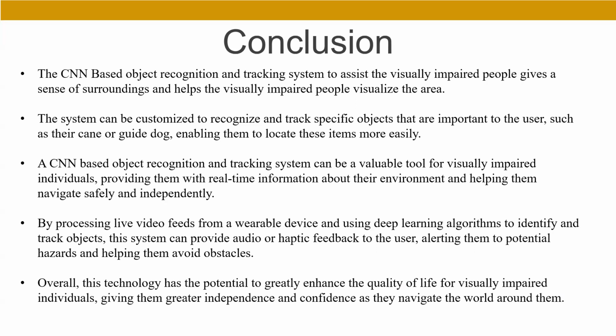Overall, this technology has the potential to greatly enhance the quality of life for visually impaired individuals, giving them greater independence and confidence as they navigate the world around them.